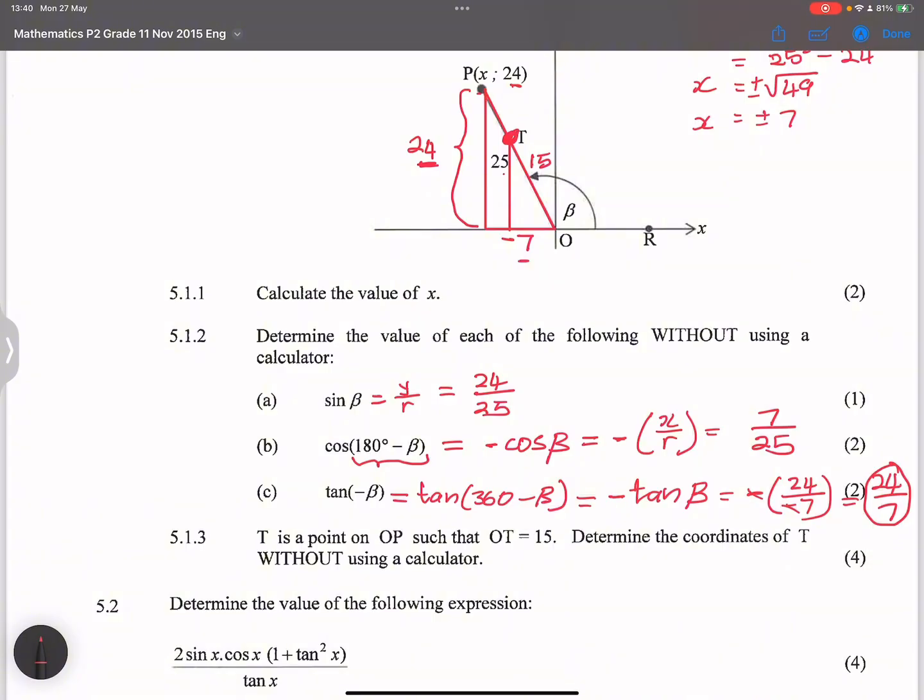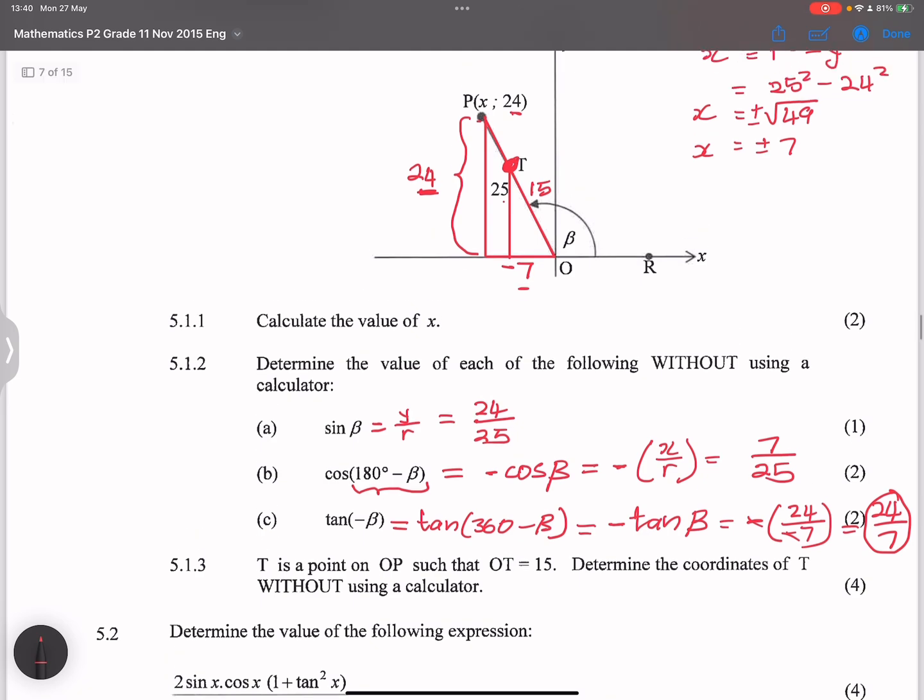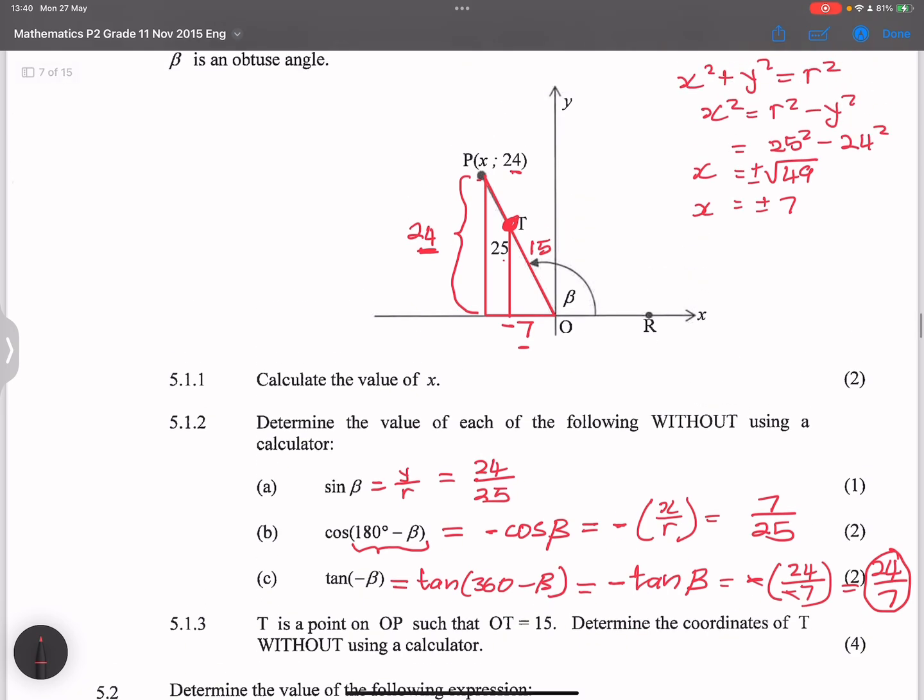So to get the x and the y value, we can either use ratio and proportion, since we've got lines that are parallel there. Alternatively, because the angle is still the same, the sine of beta is equal to, I'm going to use y over r.